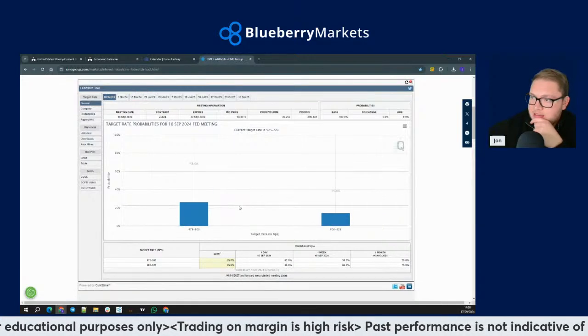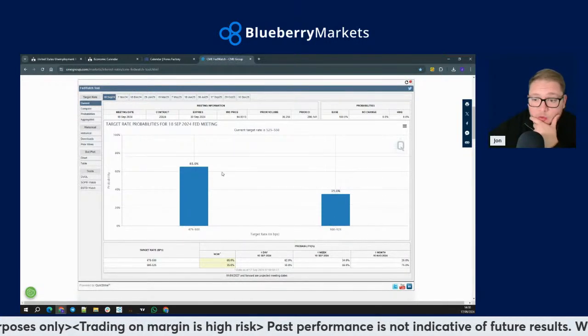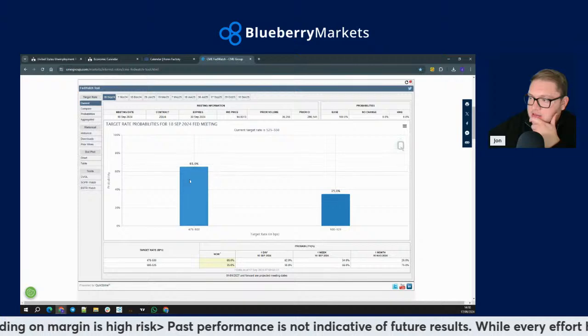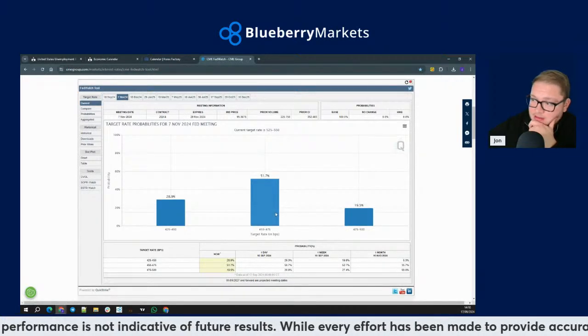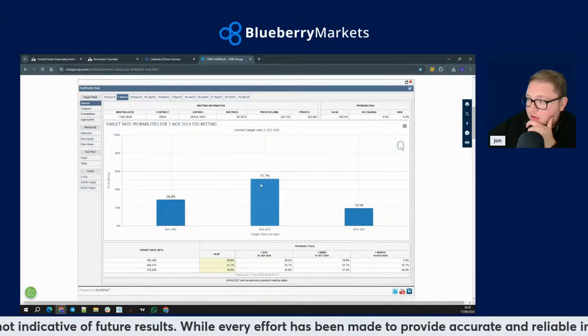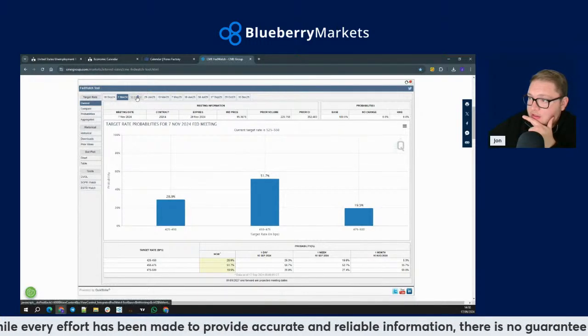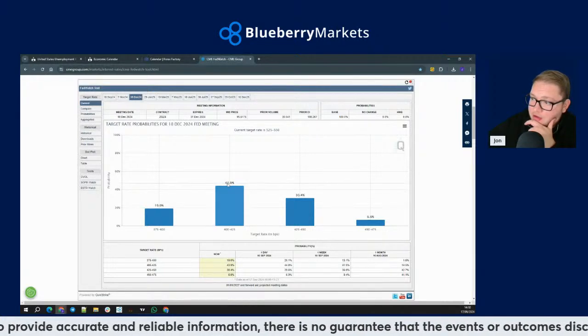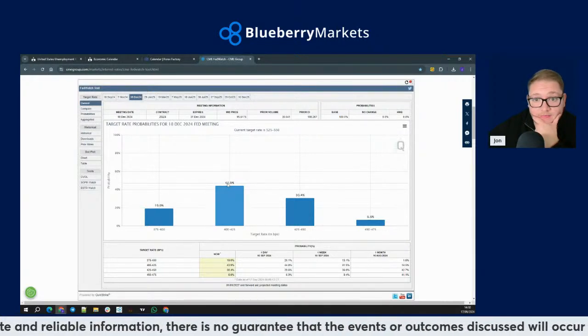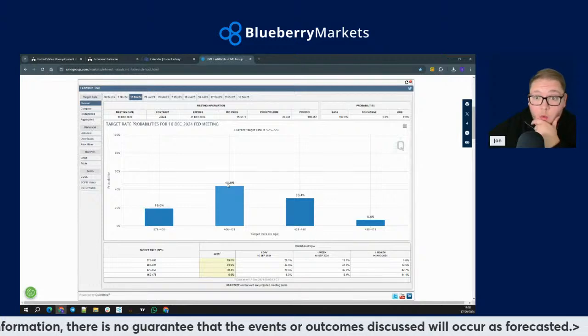So what the market is foreshadowing or expecting or wanting is a 50 basis points cut in this meeting. If we go to the next meeting, they're looking for a 25 basis points cut. And then when you go to the 18th of December, they're actually pricing in from that point another 50 basis points cut, which is quite a lot.